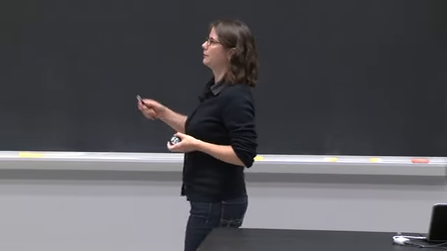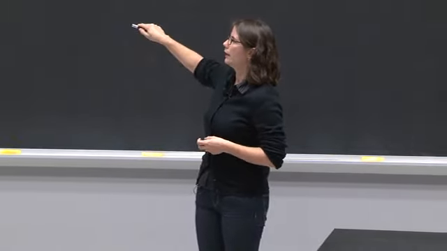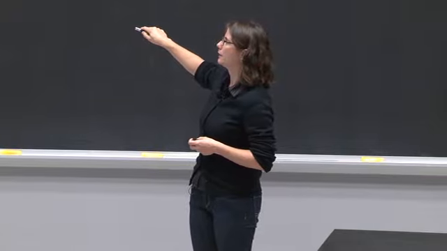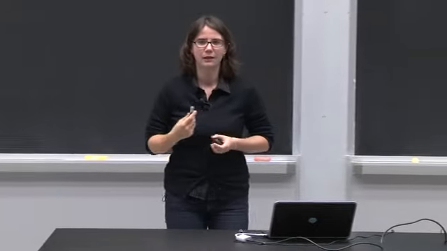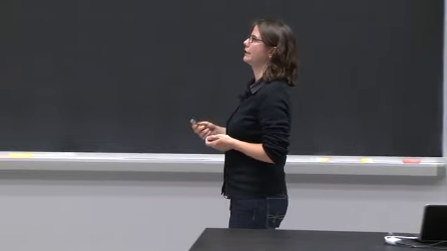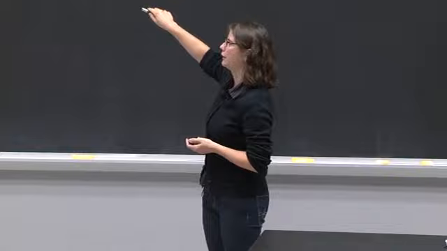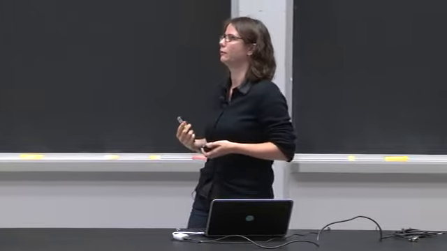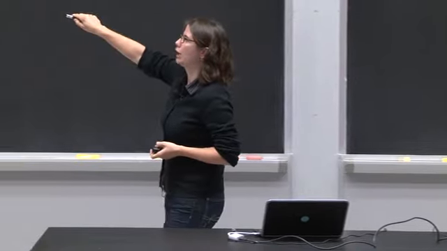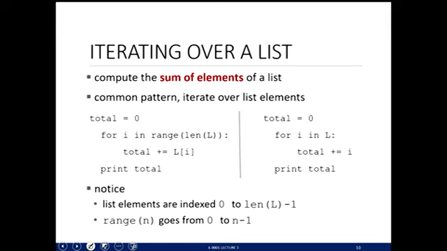I've said this a couple times before, but it'll make your life a lot easier if, when you want to iterate through a list, you think about iterating through the elements directly. It's a lot more Pythonic. I've used that word before. So this is a common pattern that you're going to see where you're iterating over the list elements directly. We've done it over tuples. We've done it over strings. So these are identical codes.